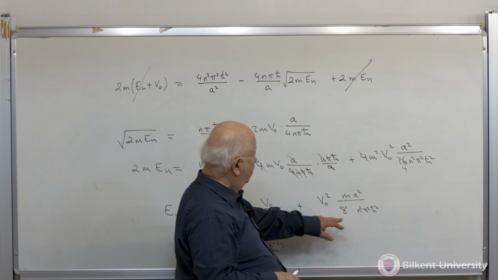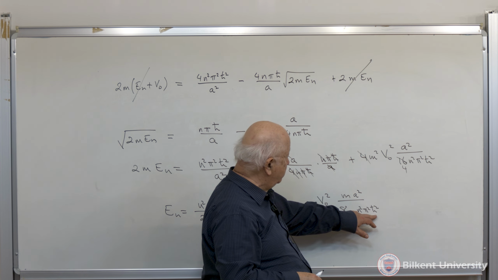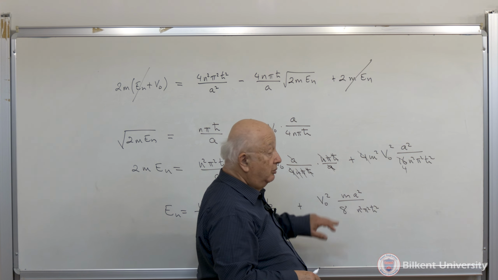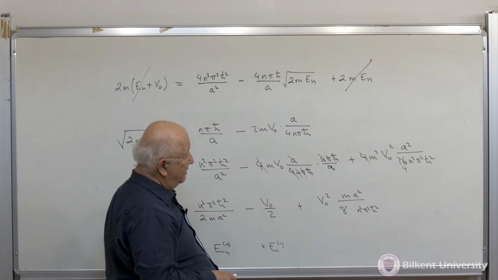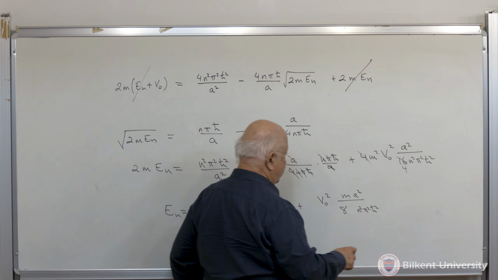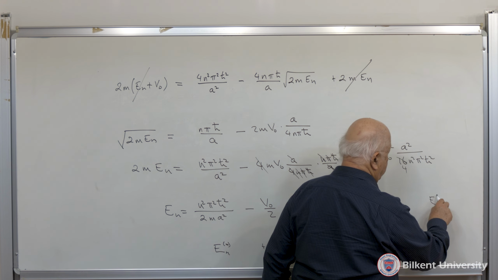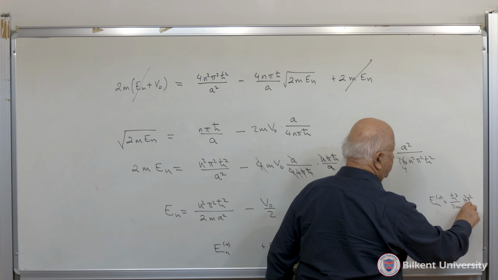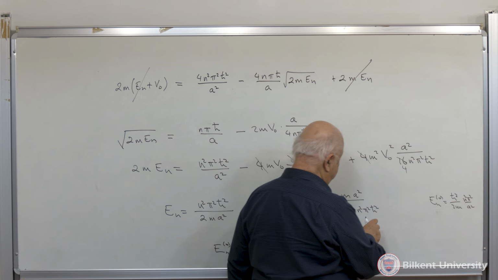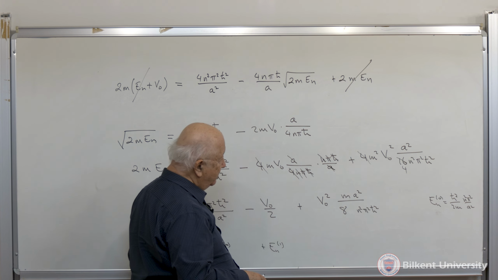I again have n squared pi squared h bar squared over m a squared. So this E_n0 is h bar squared over 2m n squared pi squared over a squared. So there's an E_n0 hidden in it.